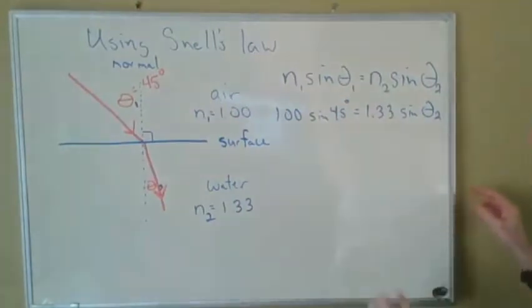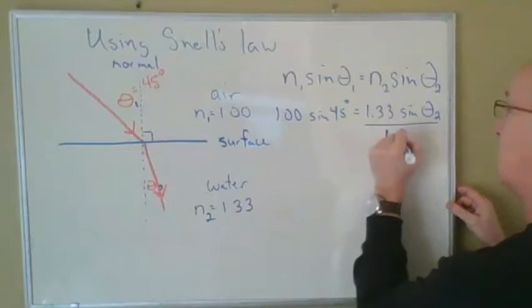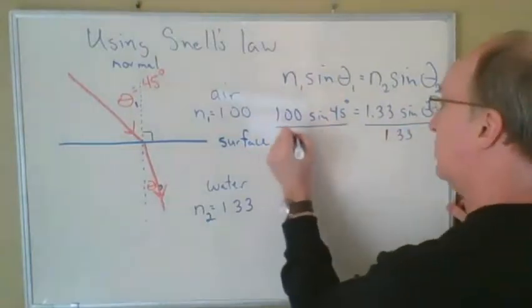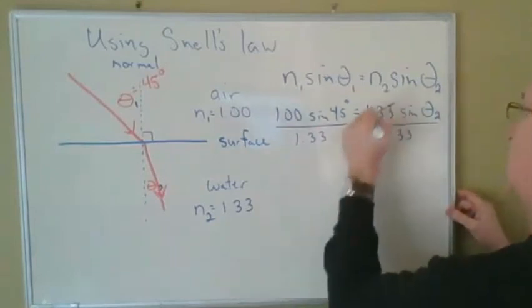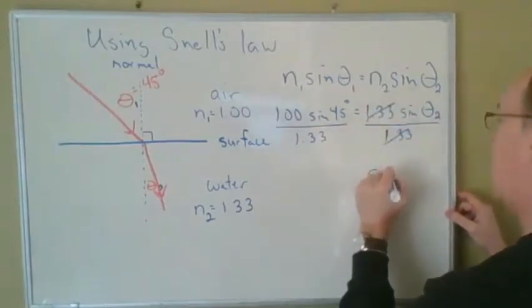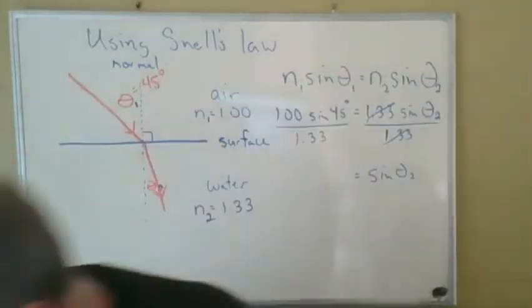All right. Now, I've got to solve for theta 2. So I'm going to divide both sides by 1.33. Okay? So this cancels, and I get sine theta 2 equals, I'm going to get out my calculator.